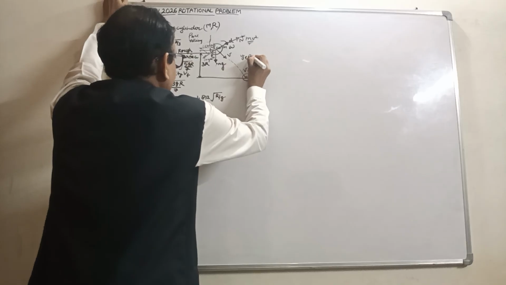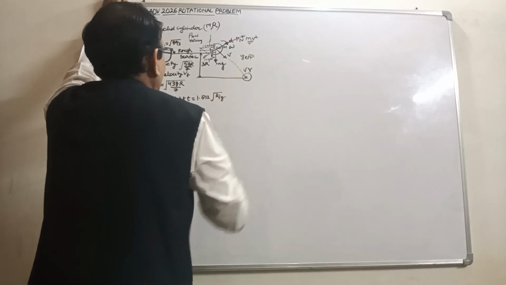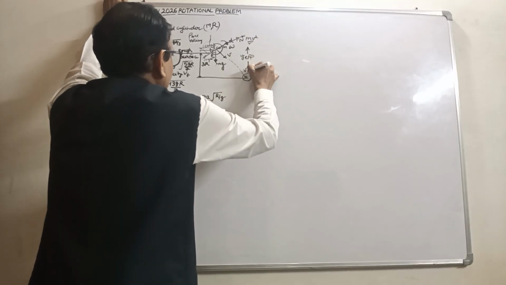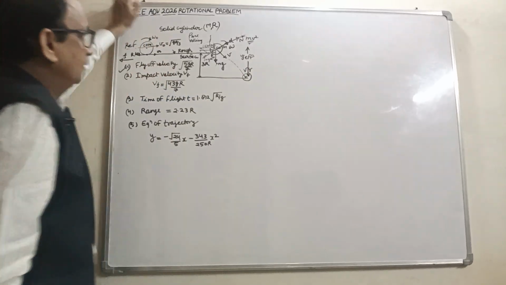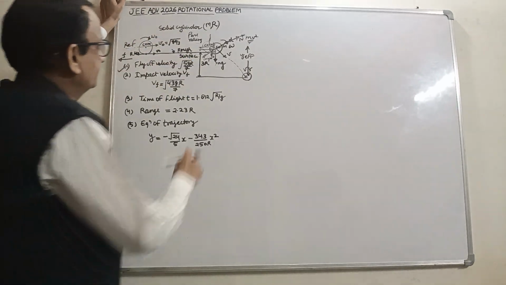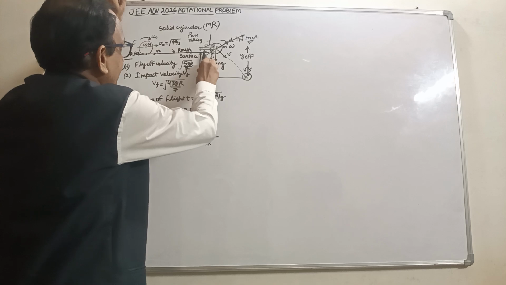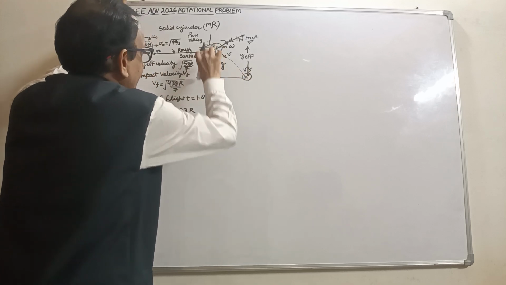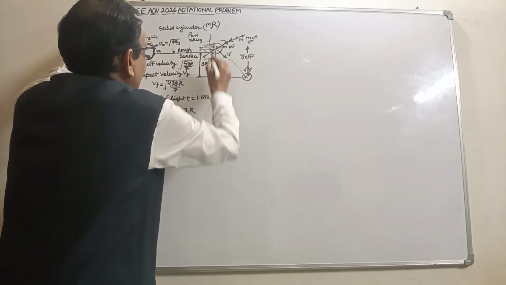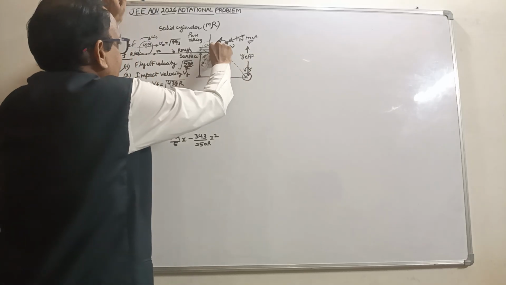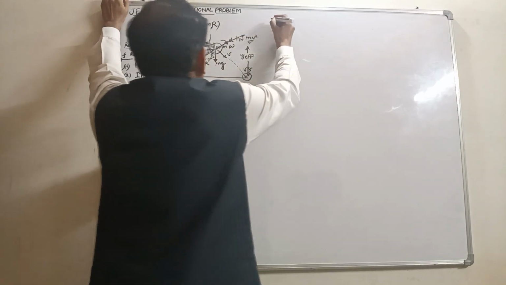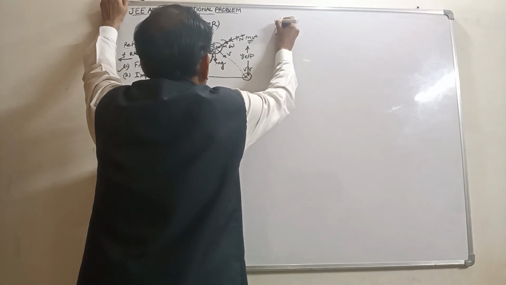What will be y effective? We have to find the distance between the centers of mass. This distance would be 2r, this is radius r. So suppose this is yf, and we have to find yf.